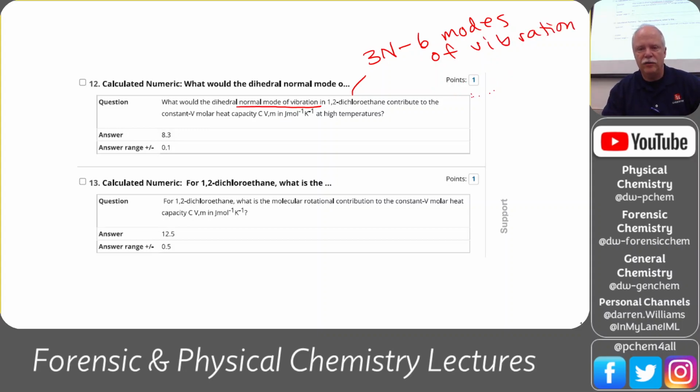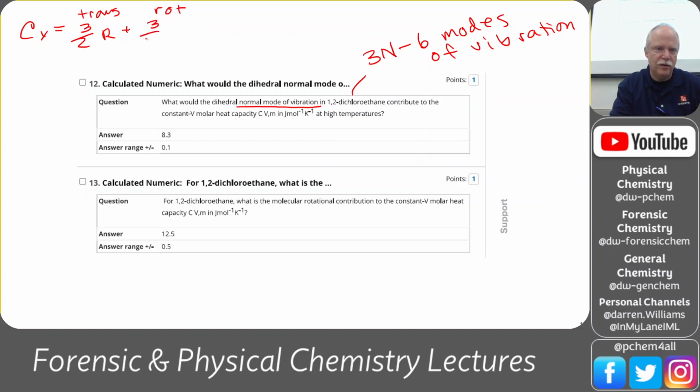In our CV equation, CV is equal to 3/2 R for translation, 3/2 R for rotation since it's a nonlinear molecule, plus A times R for vibration. And A can go from 0 to 3n minus 6.